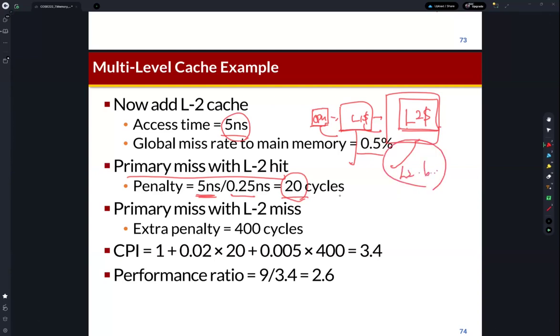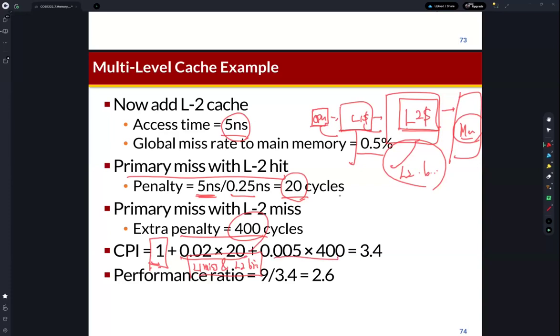We can also consider the L2 miss case, okay? In the L2 miss case, the extra penalty is 400 cycles, right? So what is the effective CPI? This is the CPI, and then this is the miss penalty, but this miss penalty is for L1 miss and L2 hit, right?